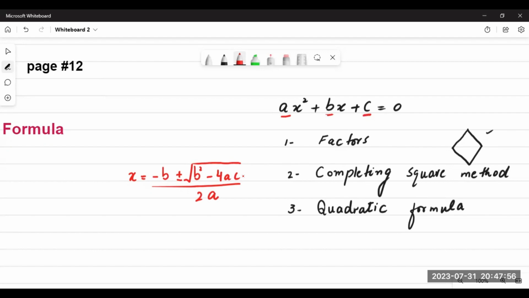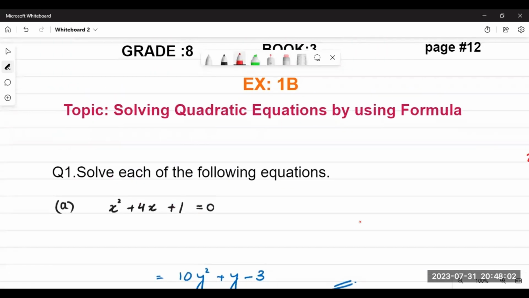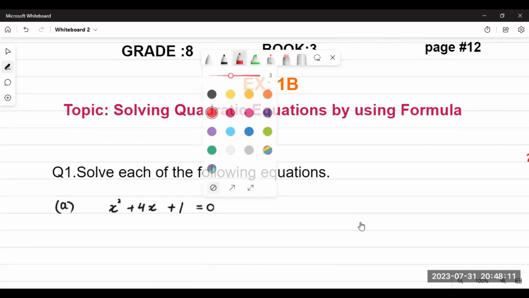So let's start with exercise number 1B, question number 1, part a. As you can see, the question is: solve each of the following equations. The question is x square plus 4x plus 1 is equal to 0.